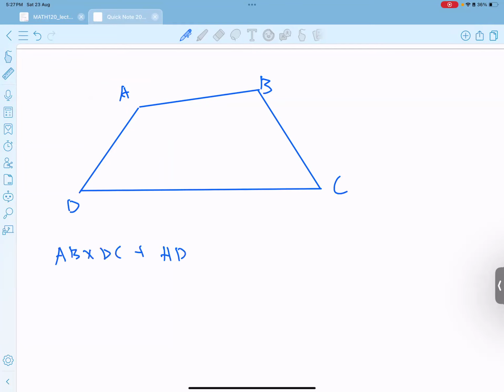Again we have the same statement, but this time it will be greater than or equal to AC times BD.